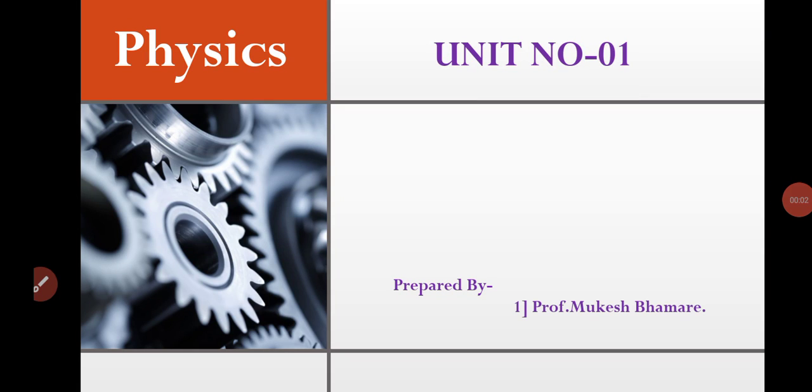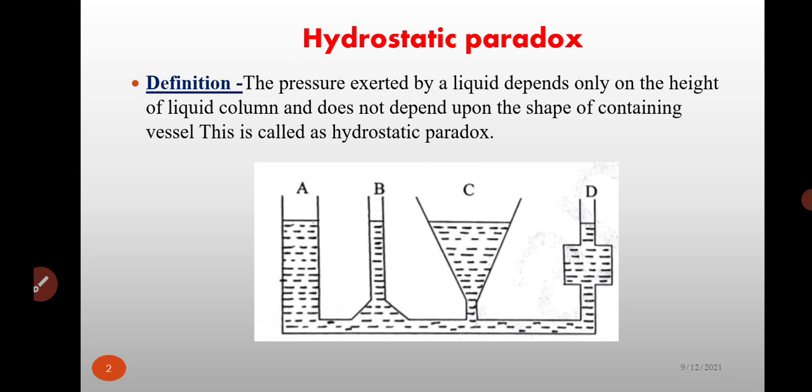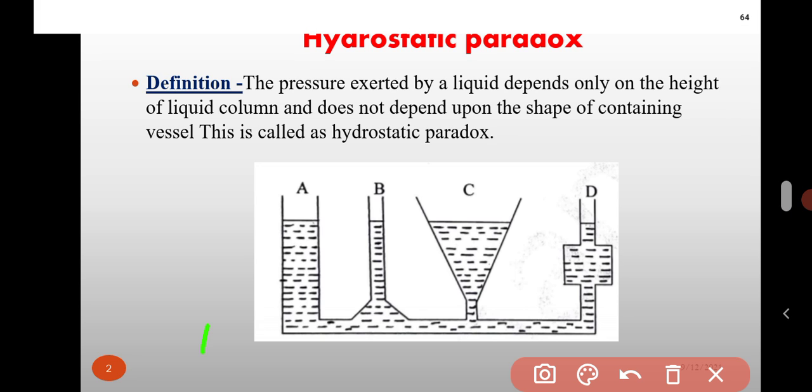Hello friends, we have to start the next topic, hydrostatic paradox. Hydrostatic paradox means the pressure exerted by a liquid depends only on the height of the liquid column and does not depend on the shape of the containing vessel.